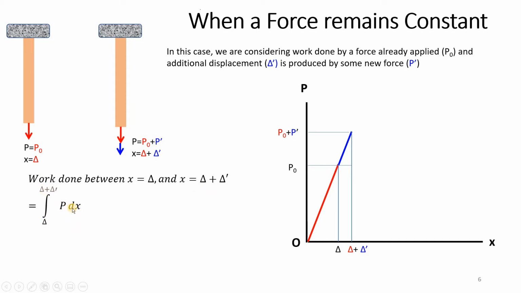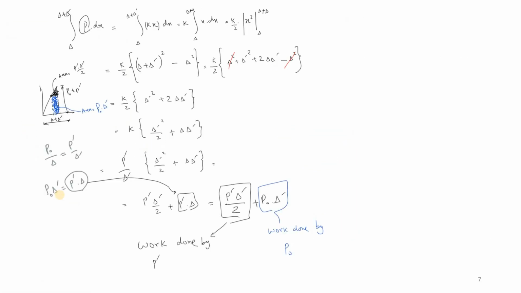Again, the same formula, with the difference that now we have integration limits from delta to delta plus delta prime. Now, this can be solved by integration, and I've just done it on OneNote and pasted a picture over here. As you can see, the same formula as you see on the slide. So we have replaced P by Kx, where K is the constant of proportionality.